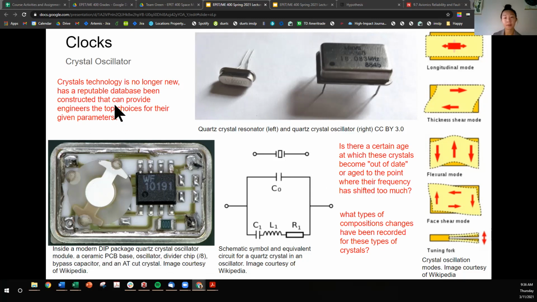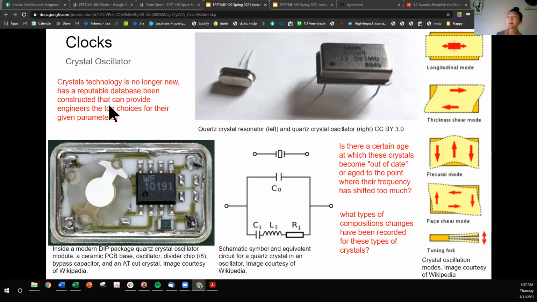Okay, so there are some questions here. Crystal technology is no longer new. Has a reputable database been constructed that can provide engineers the top choices for their given parameters? So yeah, it's definitely the case that crystals are not new. And we should certainly know for different materials, for different manufacturing processes, what the most stable or precise clocks are.